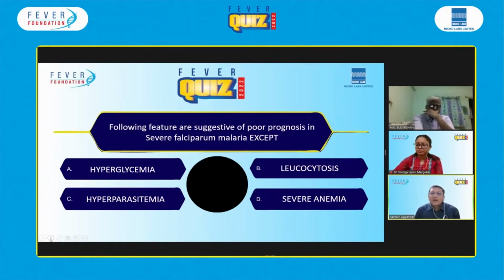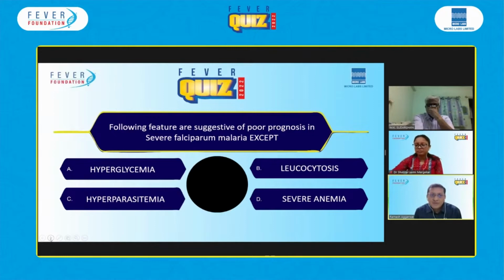But complicated malaria or severe malaria is not only limited to falciparum malaria, as you all know. Vivax is equally causing a lot of complications as far as malaria is concerned. But by definition, if you have read this question carefully, the poor prognosis in severe malaria is if the parasites are too much, like hyperparasitemia.